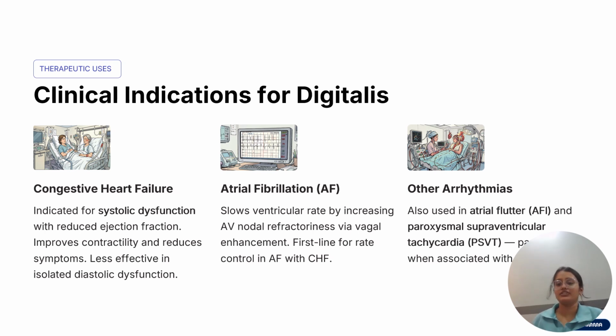Atrial fibrillation: it slows the ventricular rate by increasing AV nodal refractoriness via vagal tone enhancement, so vagal tone is also increased. It is first line for rate control in atrial fibrillation in CHF patients. Others are atrial flutter and paroxysmal supraventricular tachycardia, particularly when associated with heart failure.